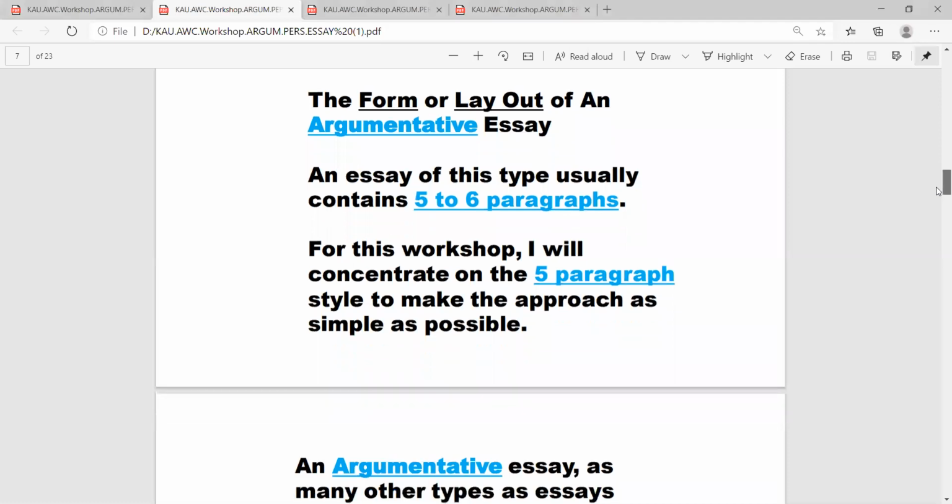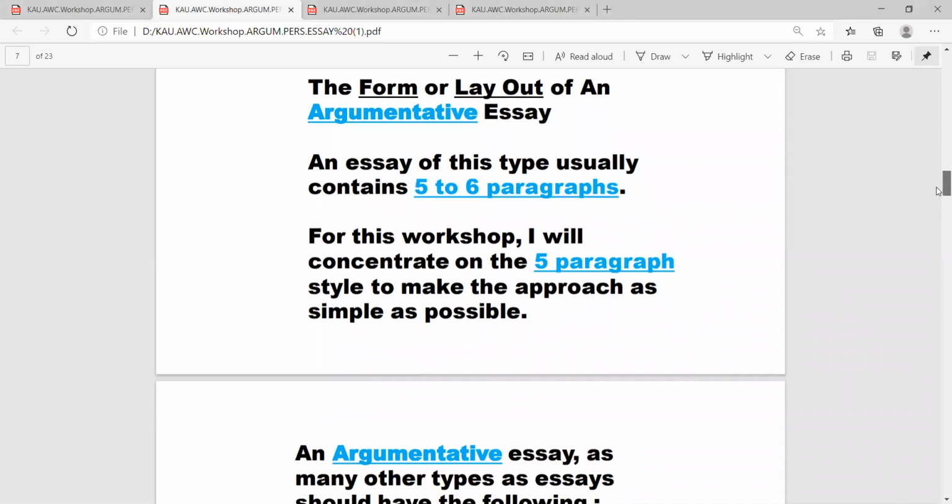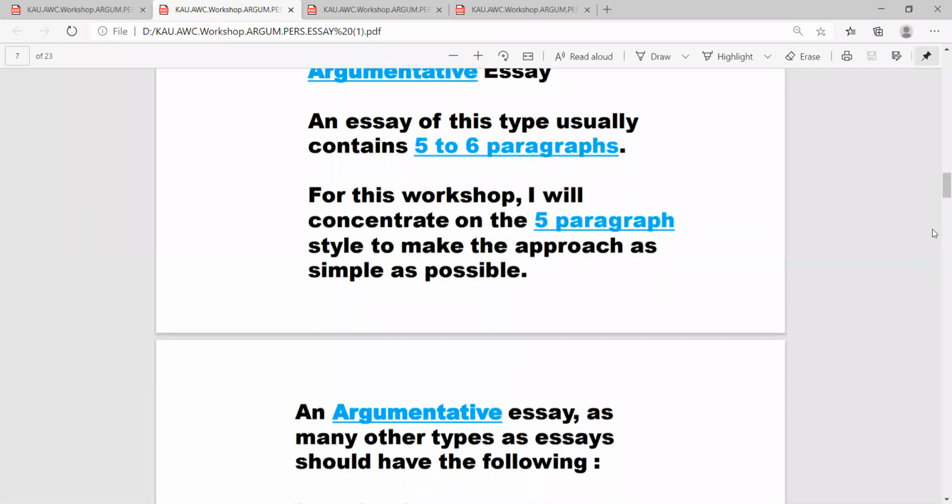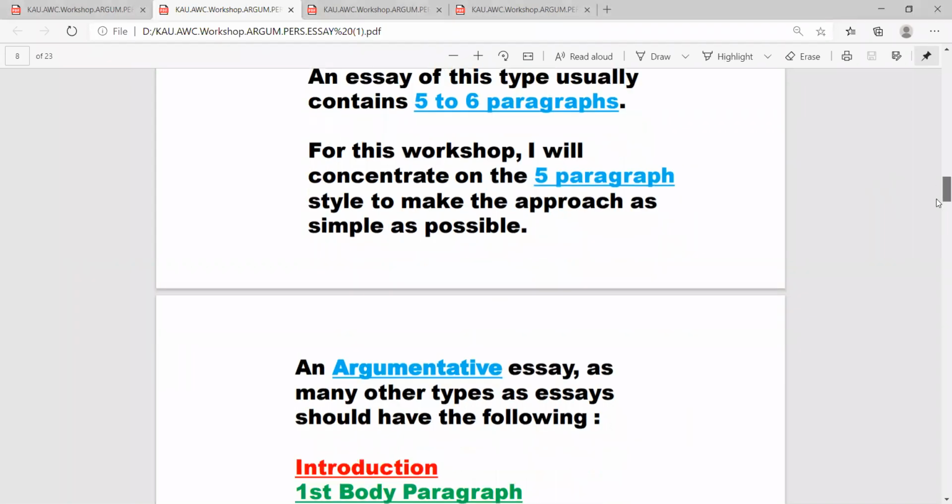For this workshop, I will concentrate on the 5-paragraph approach, which obviously includes the introductory paragraph, the 3 body paragraphs, and the concluding paragraph. All right.